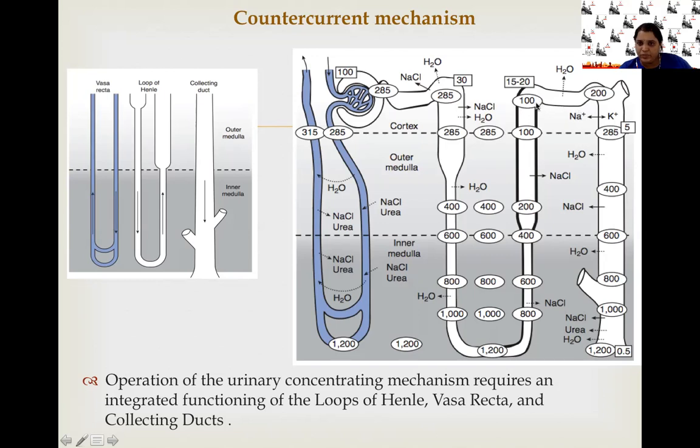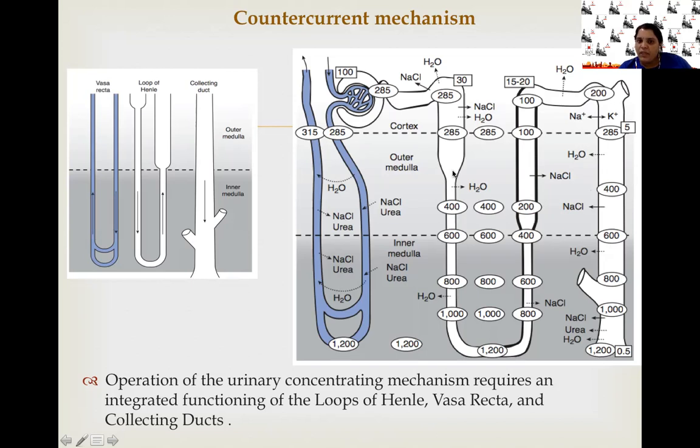Again, because of the effect of arginine vasopressin, a certain amount of water is reabsorbed, and the osmolarity again reaches 285, that is iso-osmolar, by the time it enters the medulla. And because of the effect of arginine vasopressin, some water is reabsorbed from the collecting duct, and the urine osmolarity steadily increases from 285 to roughly 1200.